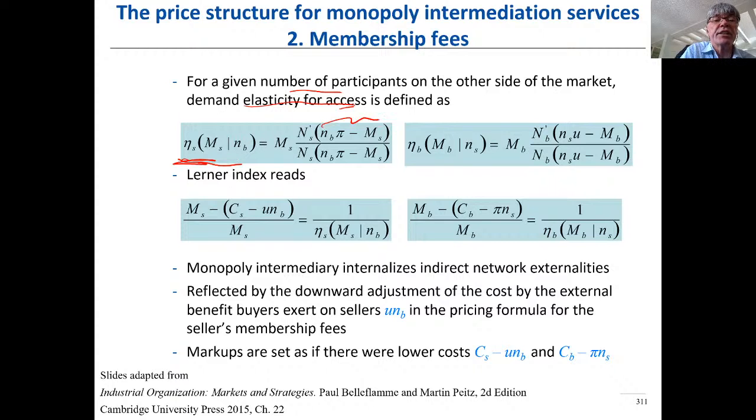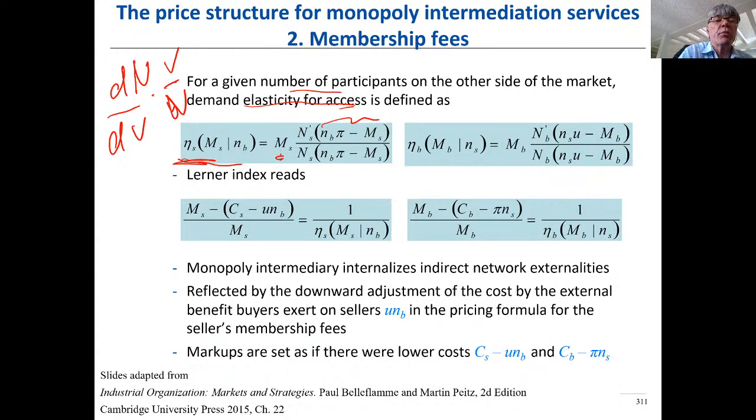That would be nothing else than our V, okay? And here divided by ns. So this is simply the n over the V times V over n, okay? Here we put it not in terms of V, but in terms of m, okay?